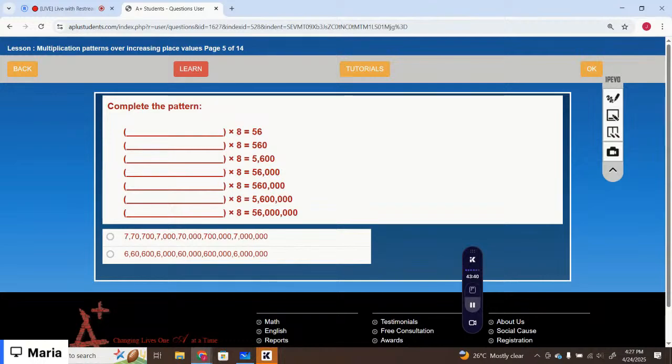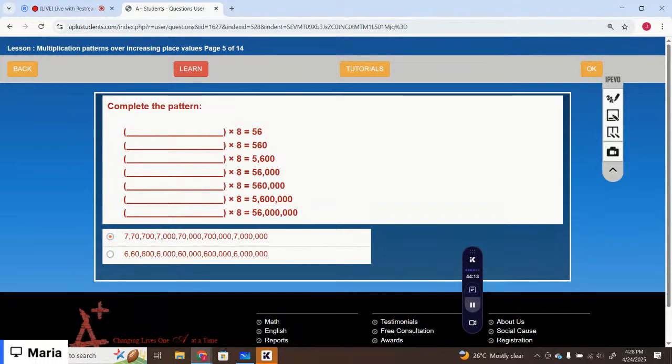Complete the pattern, which is the correct option? Option number 1 is the correct option. That is 8 times 7 is 56. Then 8 times 70 is 560.